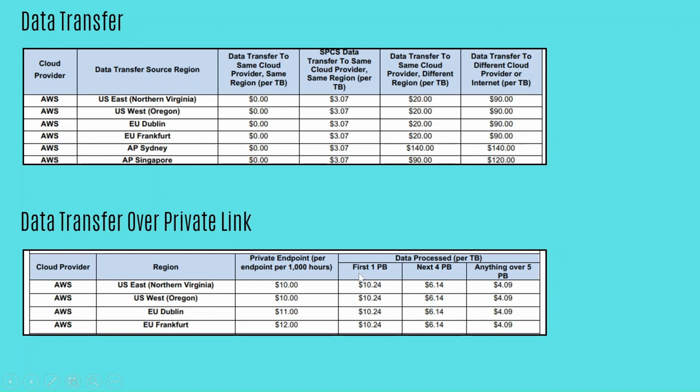The calculation is for the first PB, you will be charged $10.24 per PB. Then for the next 4 PB, these are the charges. And then over 5 PB, these are the charges. You got it? And plus you will be charged for the private endpoint.